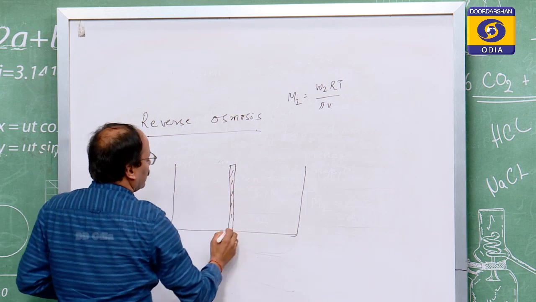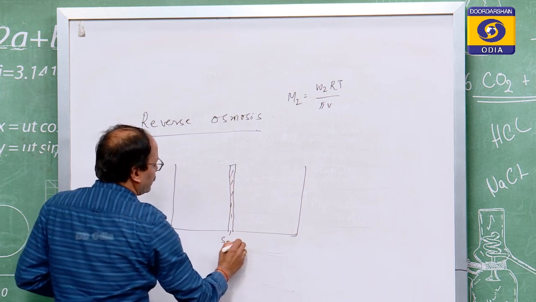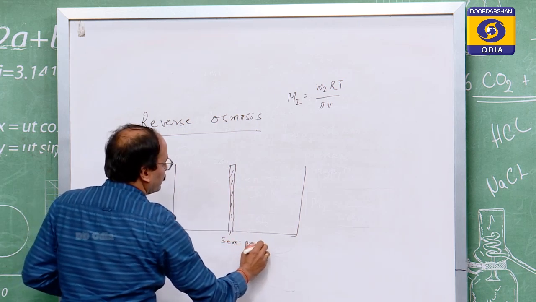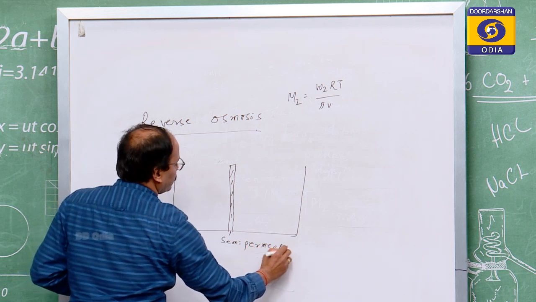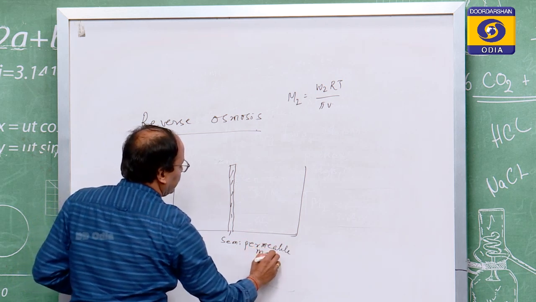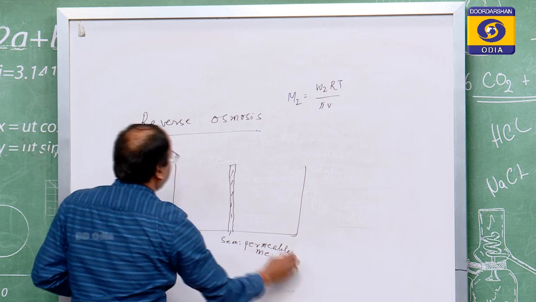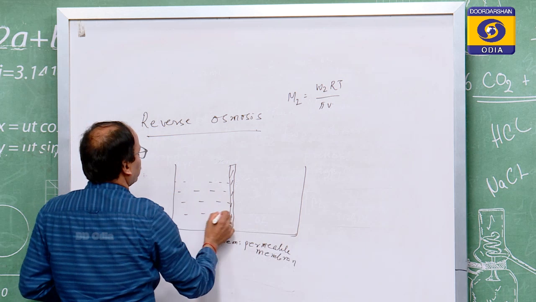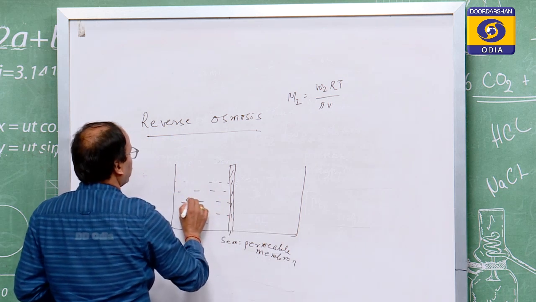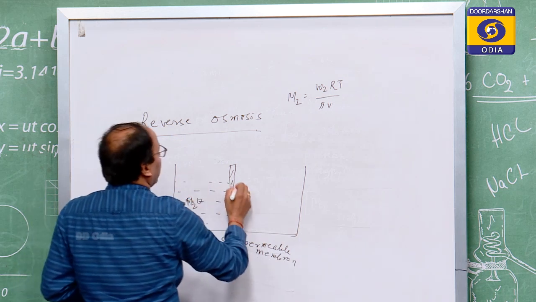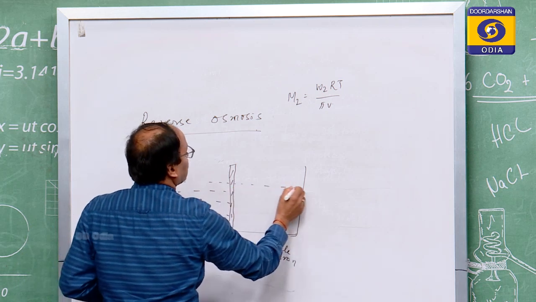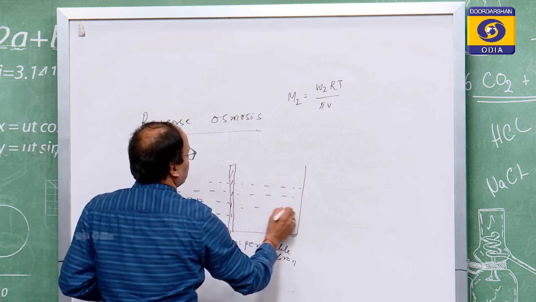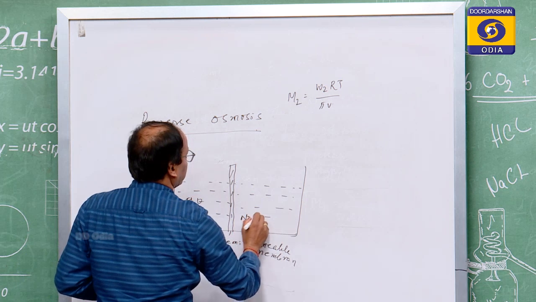Suppose this side is a semi permeable membrane, and this side is solvent, water, and this side is sodium chloride solution.